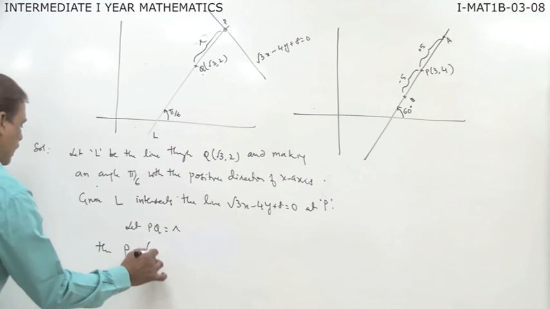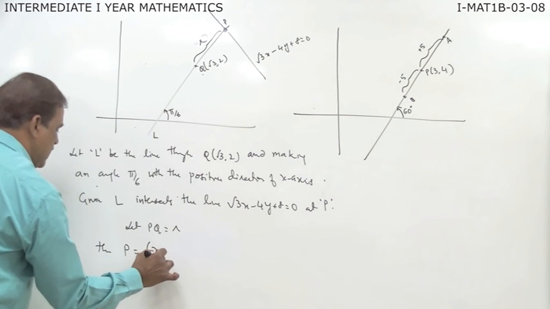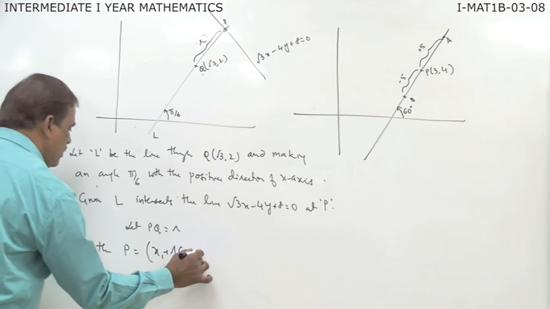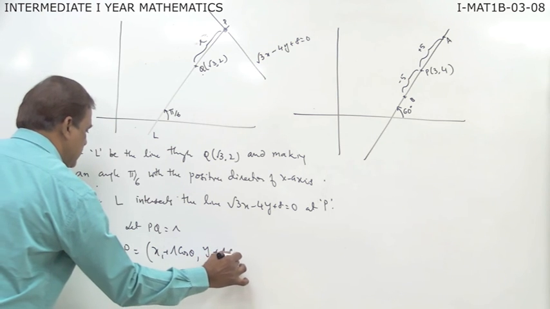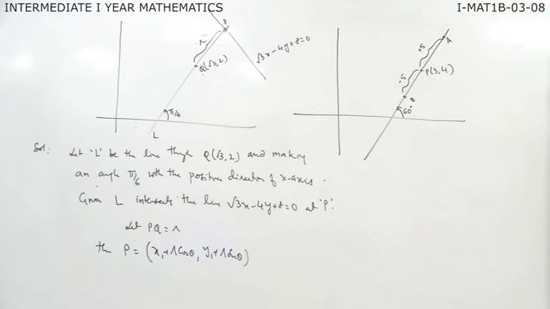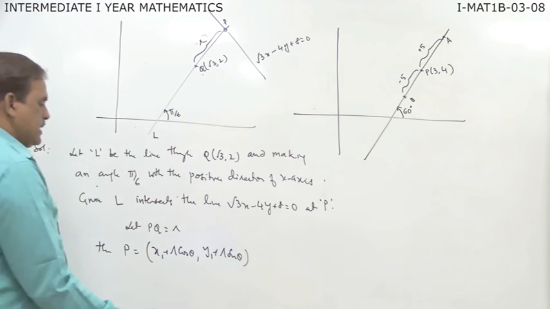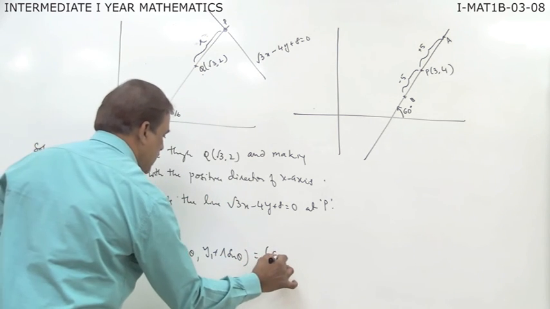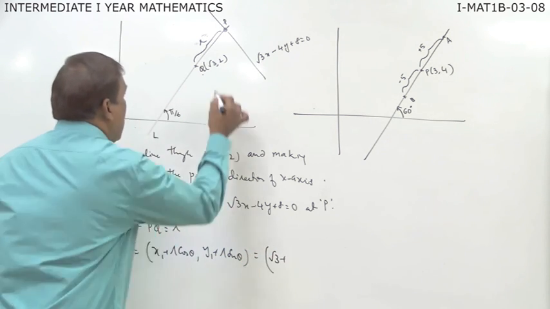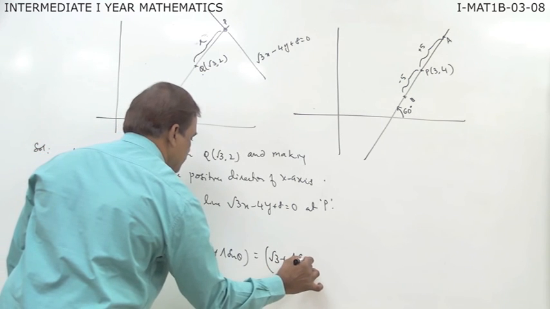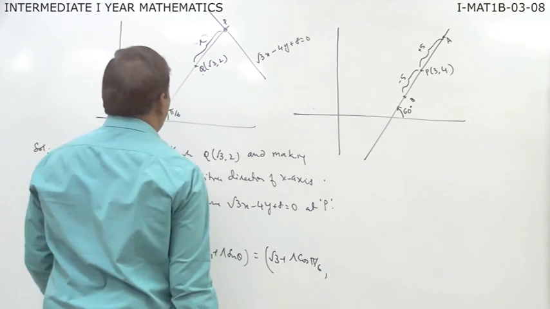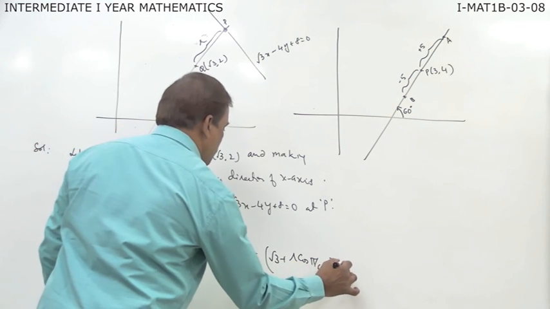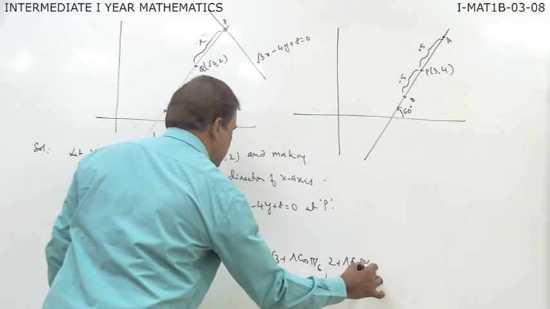Then P will be equal to x1 plus R cos theta, y1 plus R sin theta. P is nothing but x1 plus R cos theta, y1 plus R sin theta. Here x1 is root 3, so root 3 plus R into cos pi by 6, and y1 is 2 plus R into sin pi by 6.